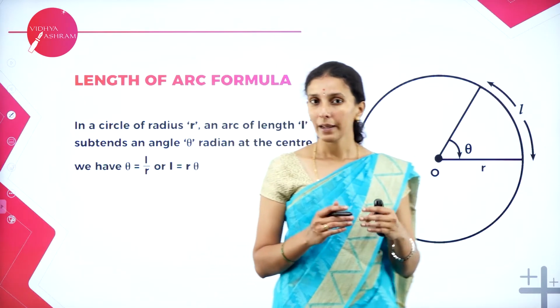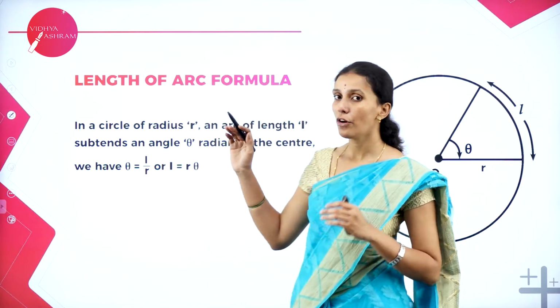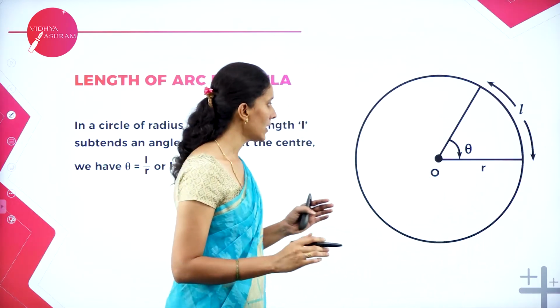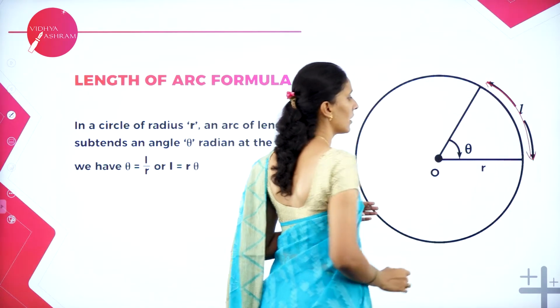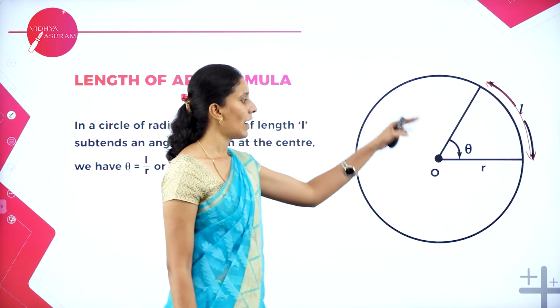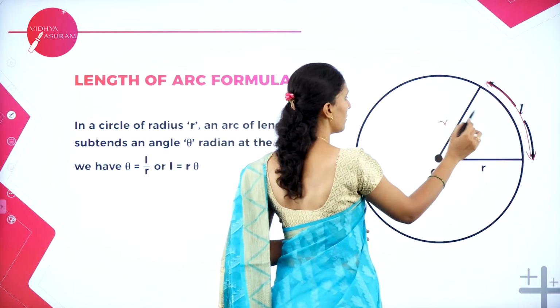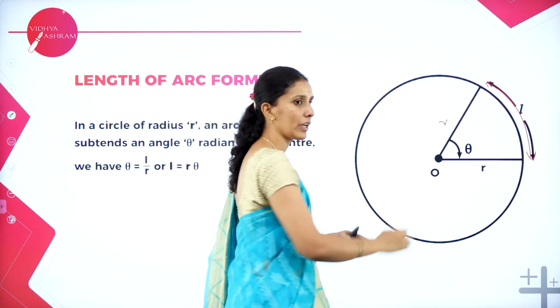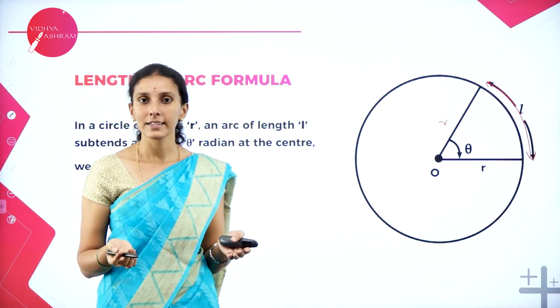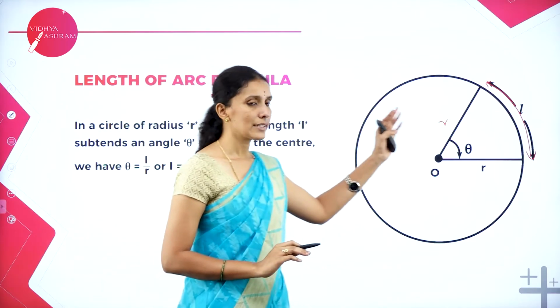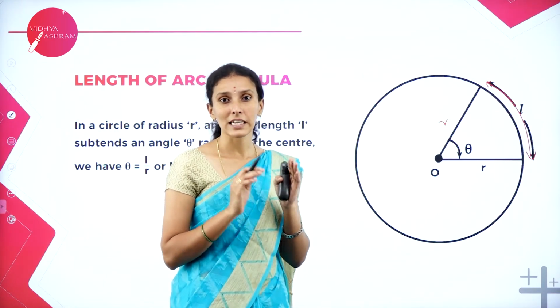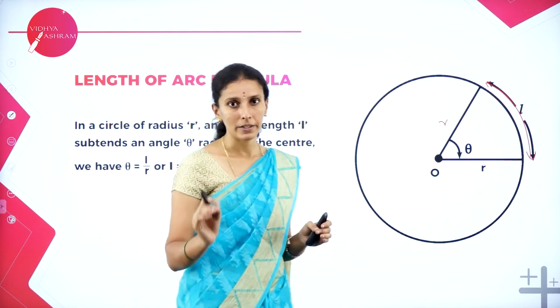Next we come across a very important concept called the length of arc formula, that is, to find the length of this arc. Whenever you have a circle, the radius is the same. We are going to find the length of arc for a given angle, whether the angle is given in terms of degrees or radians. From now on, if the angle is given in terms of degrees, first convert it into radian measure.